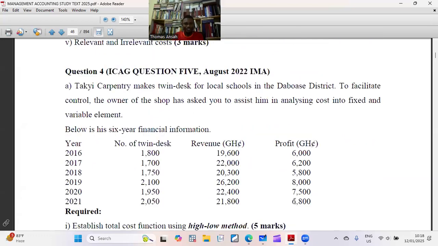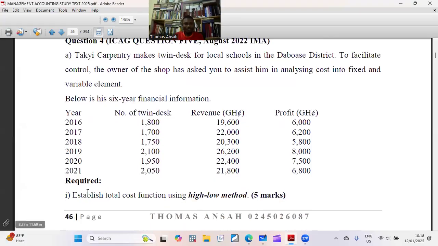And I think there's a similar one here. All right. Establish the total cost function using high-low method. So you need to, the quantity is here. This is it. All right. Then what do you have? This is revenue and this is profit.